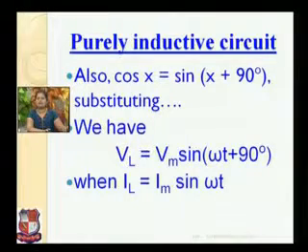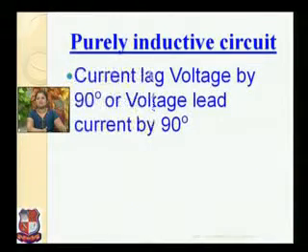So in inductive circuit, there is a phase difference of 90 degrees always present between voltage and current. Condition is that your circuit is purely inductive circuit. If your circuit is a combination of R, L and C, then this phase difference changes between 0 to 90 degree. So if it is purely inductive circuit, current lags voltage by 90 degree or voltage leads current by 90 degree.